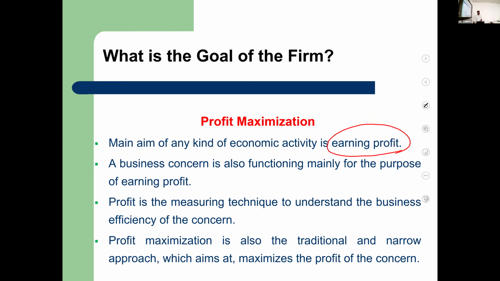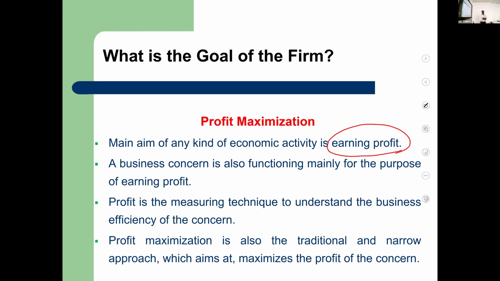Profit. That's why we run a sole proprietorship. That's the reason why we run a partnership, or else that's the reason why we have a company: to earn profit, right? A business concern is functioning mainly for the purpose of earning profit.